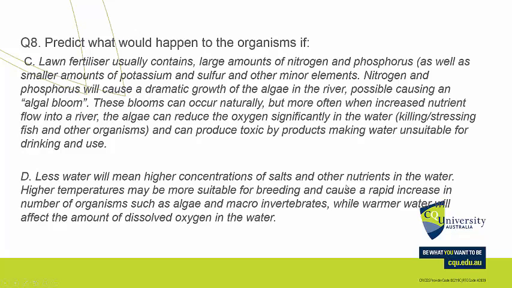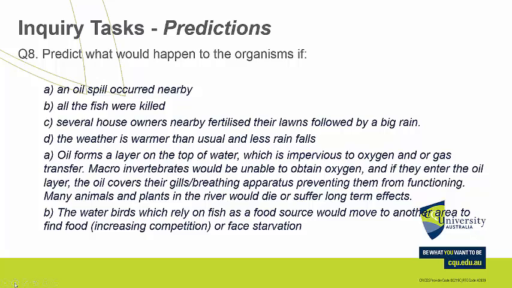So as we see, for instance, a predicted period of heat or evaporation, higher temperatures cause a rapid increase in the number of organisms, algae and macroinvertebrates, and the warm water also affects the amount of dissolved oxygen in the water, making the water thicker, slower, and less productive for small creatures to survive in.